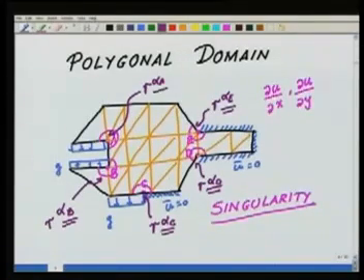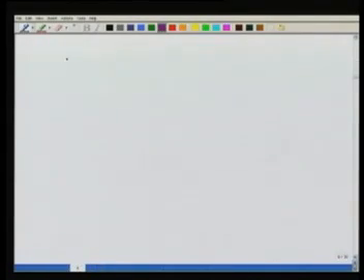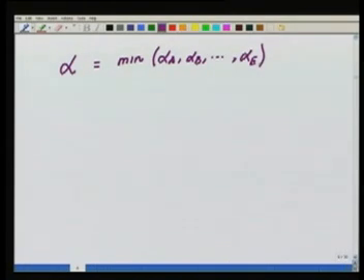Okay, now if I go and take the minimum, I'll say alpha is equal to the minimum of all these: alpha a, alpha b, up to alpha e.